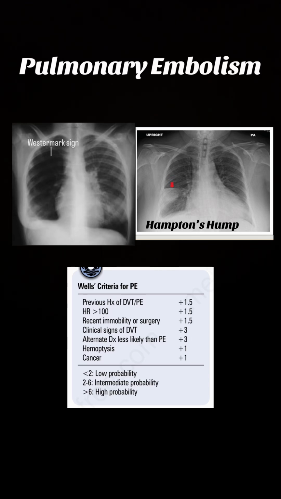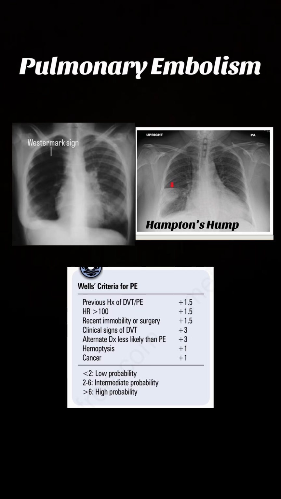If it's negative, you're going to stop anticoagulants. And for patients who have a contraindication to anticoagulation, you're going to directly go for CT pulmonary angiography, and if it's positive, then you're going to go for an IVC filter. So please remember that.